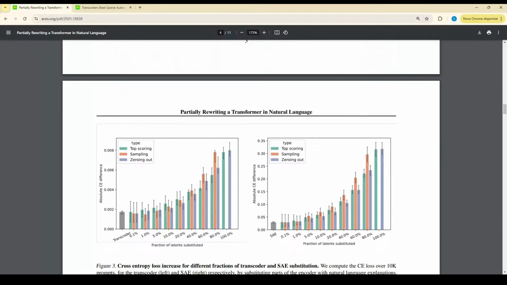Unfortunately, at the time of writing, our explanations are not good enough that you can actually rewrite the model. It would be better to always say, okay, this MLP doesn't work, and set the MLP to 0.